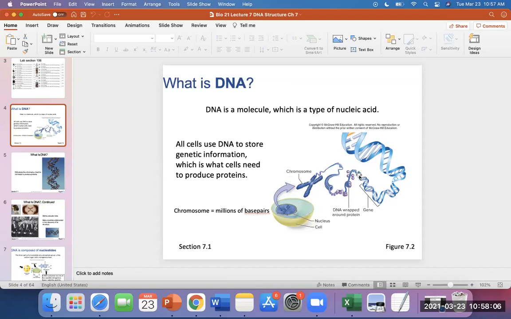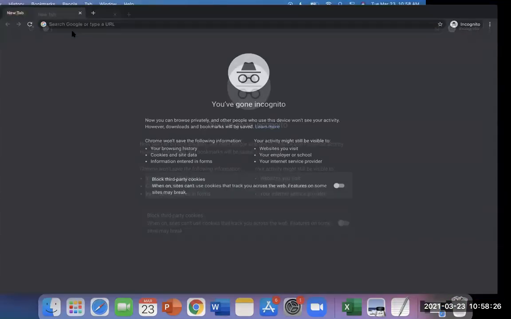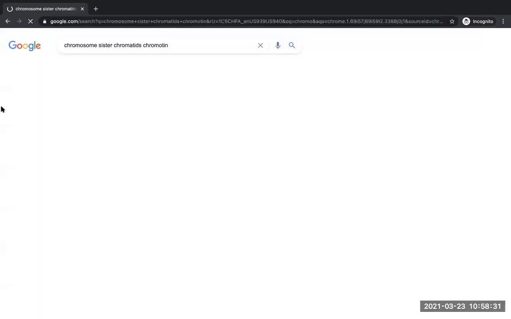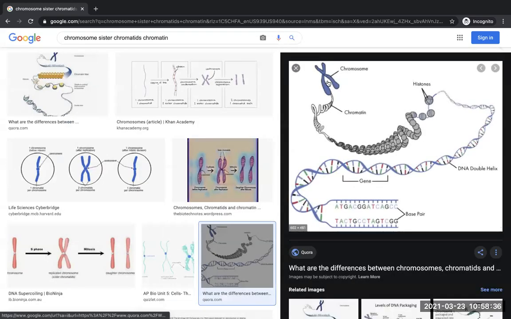This picture here is when you start zooming in. So this would be chromatin. You have the chromosome, which looks like the letter X, and then you have the proteins here, and you zoom in more, you have the DNA, you zoom in more, you can see the gene. Let me show you a picture. Here you have your chromosome, you start unwinding it, called chromatin, and then you start seeing the proteins here.